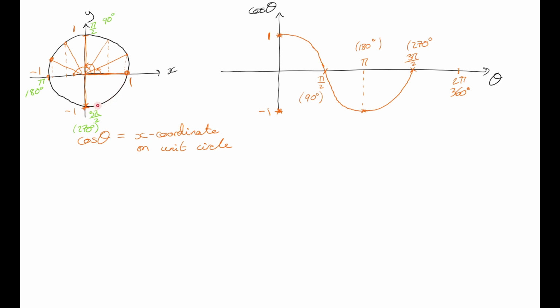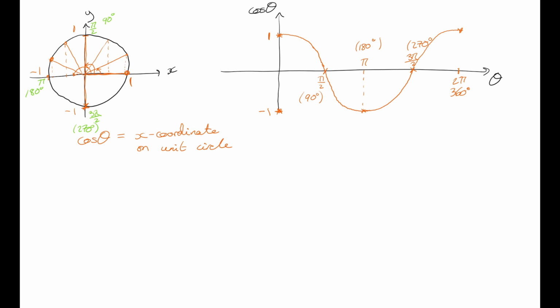And again, as I'm moving through this part of the circle, my x-coordinate is now positive. It increases a lot. I have a lot of horizontal movement in this chunk of the circle as opposed to this chunk of the circle. So I get a lot of positive movement, and then it tapers off until I reach 2 pi, and my x-coordinate, or my cos theta, is again 1.